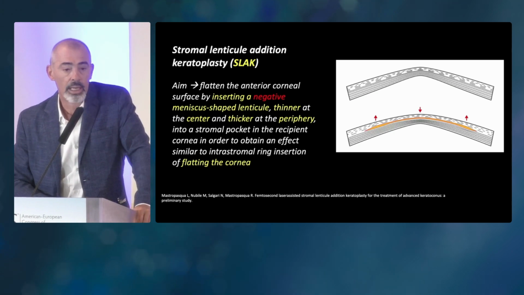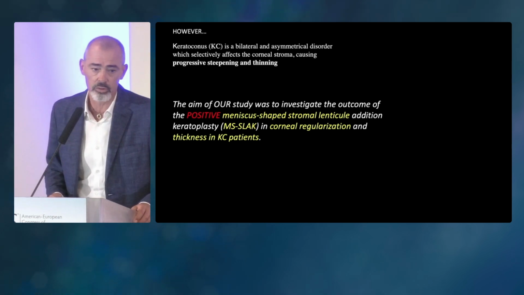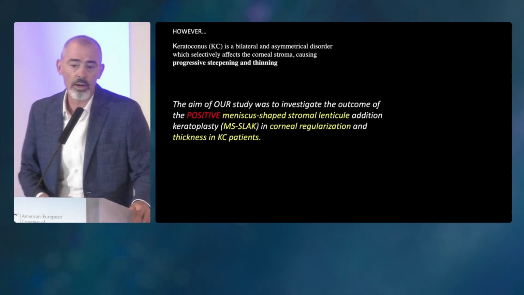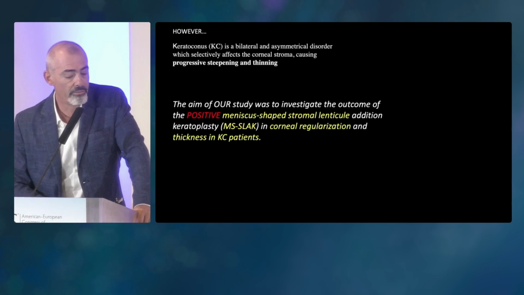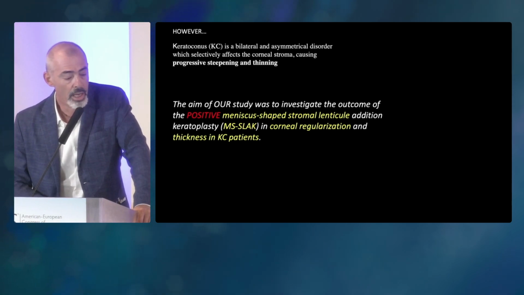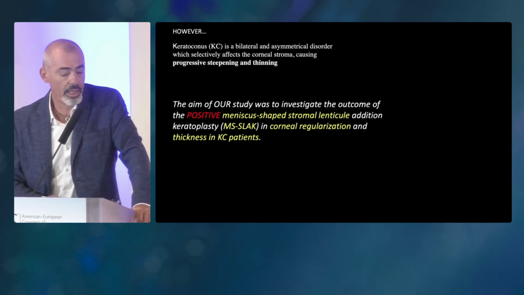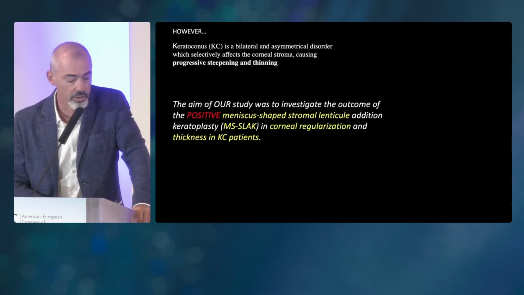But despite the good integration of the lenticle, the functional outcome was not very good. So our group wanted to investigate the outcome of a positive meniscus-shaped stromal lenticle in order to fill the gap of the ectasia to obtain a thickening and a regularization of the cornea.